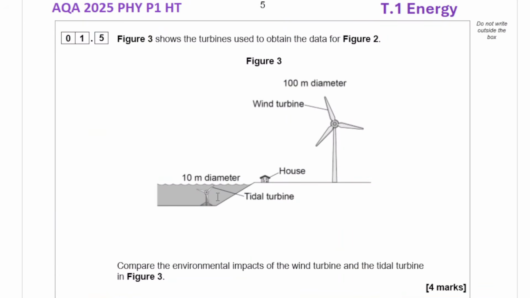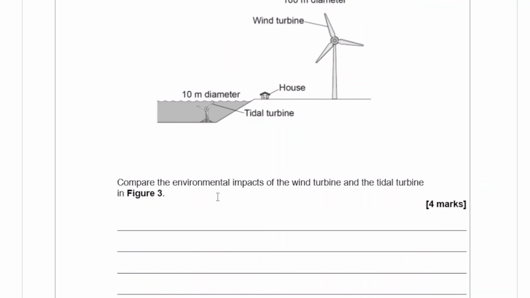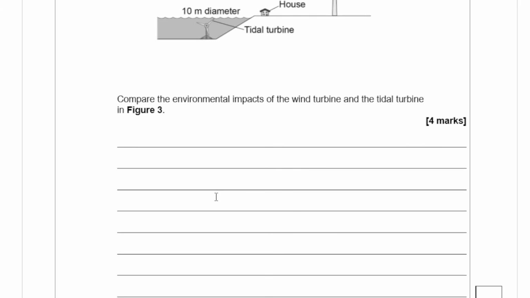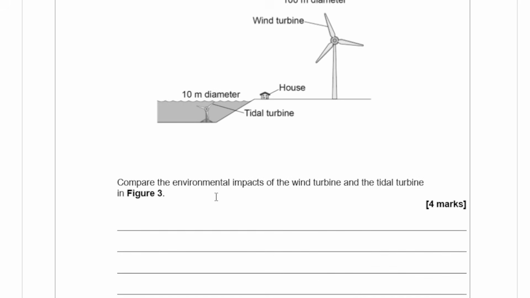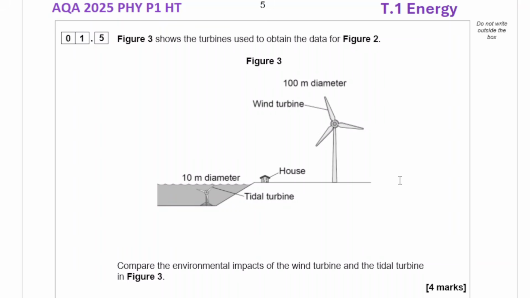Figure 3 shows the turbines used to obtain the data for figure 2. You have a 100-meter diameter wind turbine, a 10-meter diameter tidal turbine, which is 10 times smaller. Compare the environmental impacts of the wind turbine and the tidal turbine. Now, environmental impacts for the wind, they are very big, they can be noisy, and they can harm birds.